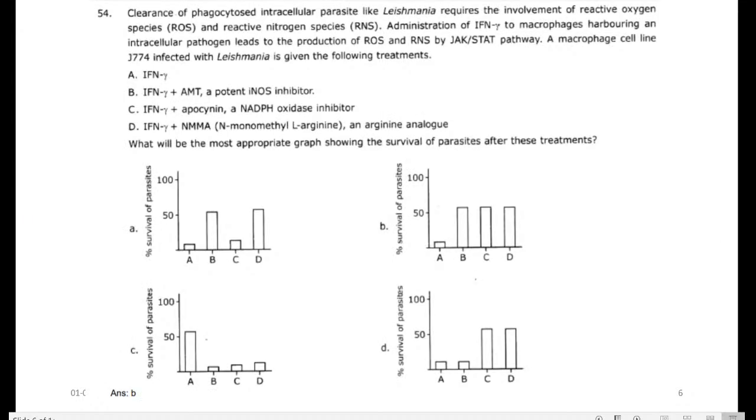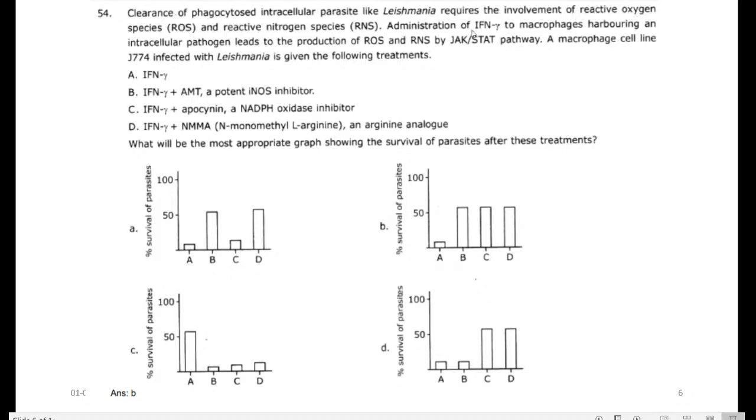Okay, next, a very easy question. In this question we want to read it again and again, then only we will get the correct answer. First statement: clearance of phagocytosed intracellular parasites like Leishmania requires the involvement of reactive oxygen species and reactive nitrogen species.